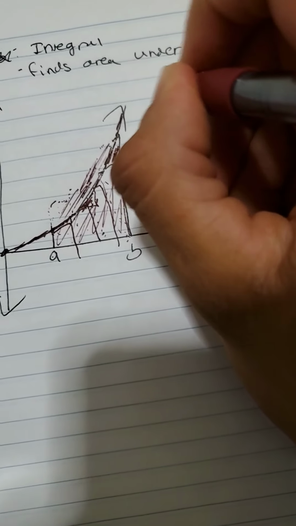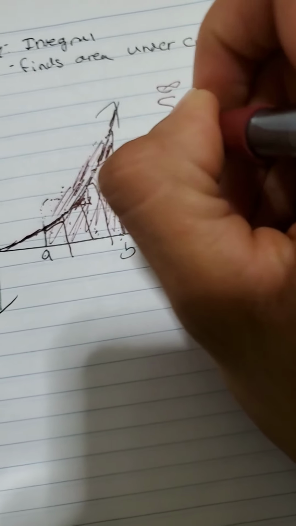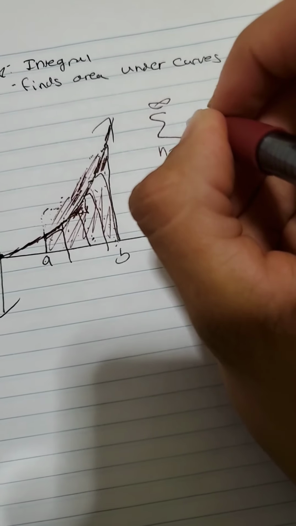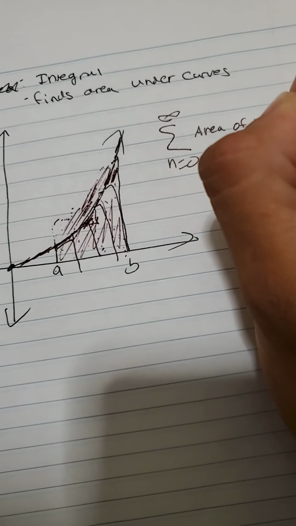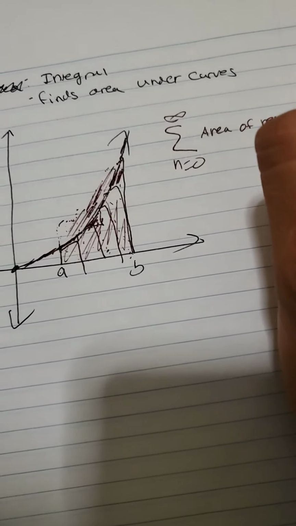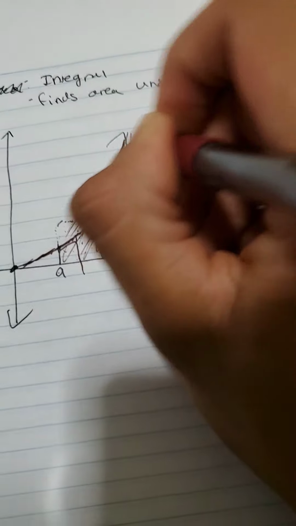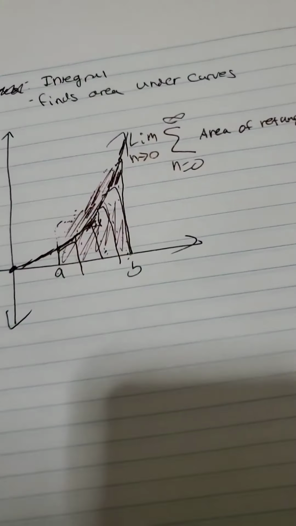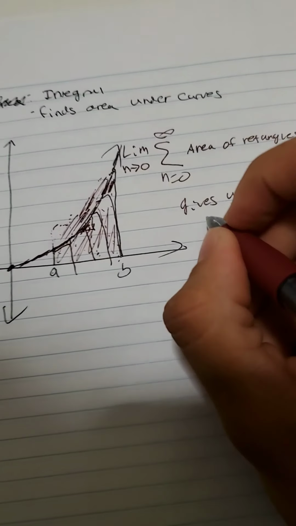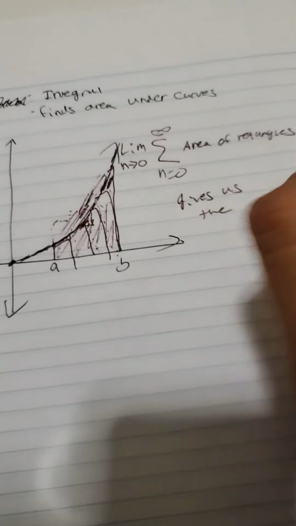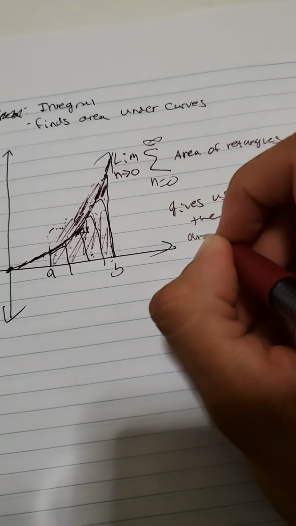We take the sum of the area of all the rectangles, and taking the limit of it gives us the area under the curve.